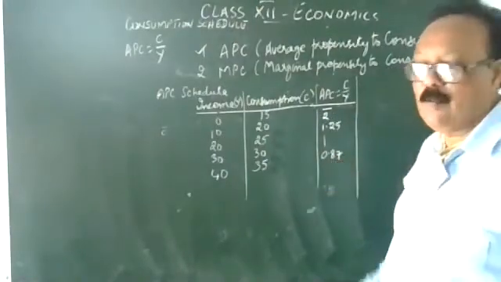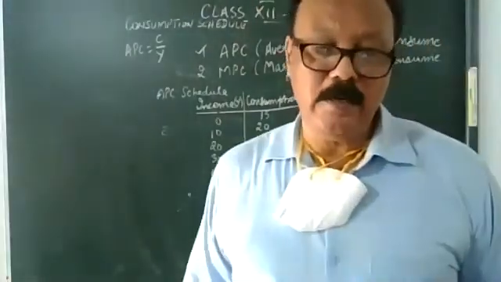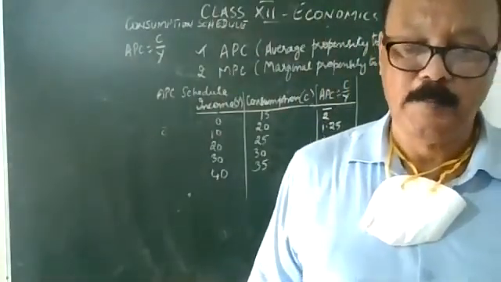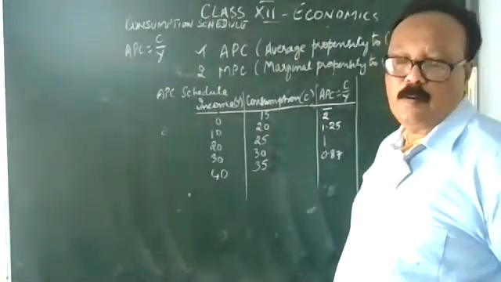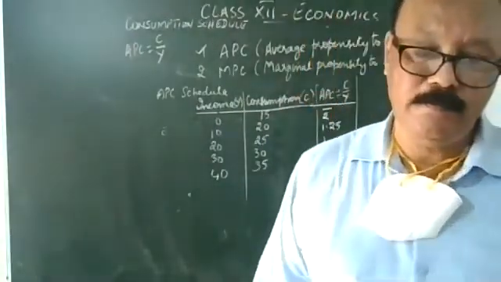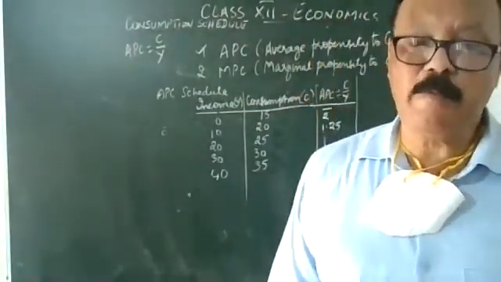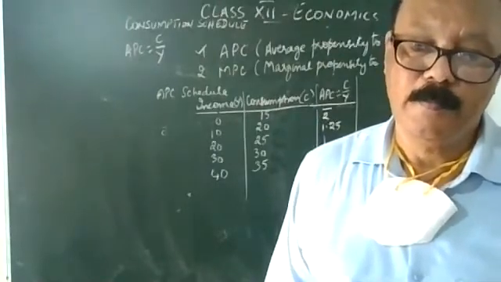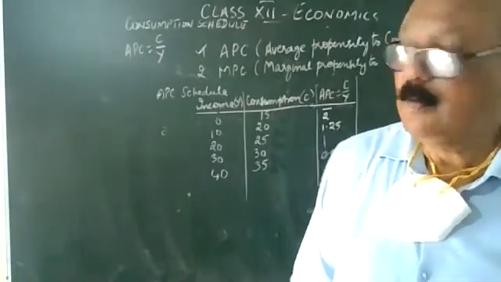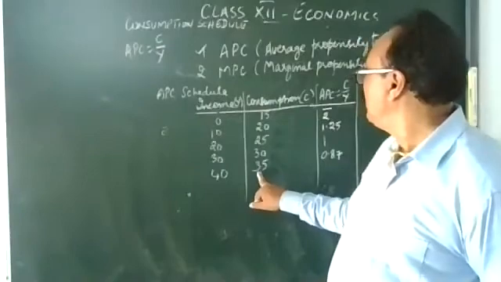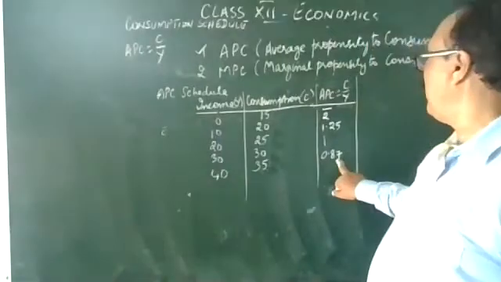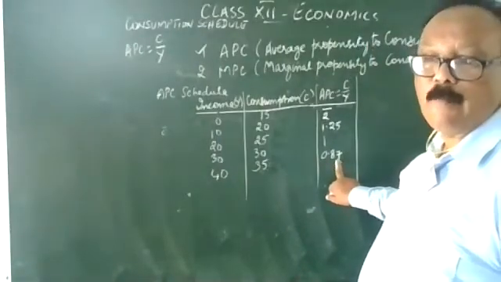Next point, the value of APC can be less than 1 when consumption expenditure is less than the national income. In this case, your APC will be less than 1.